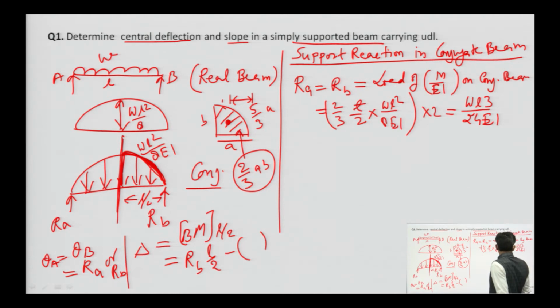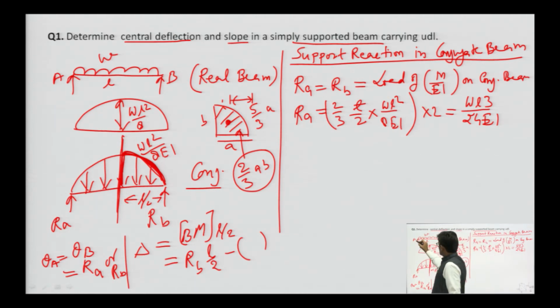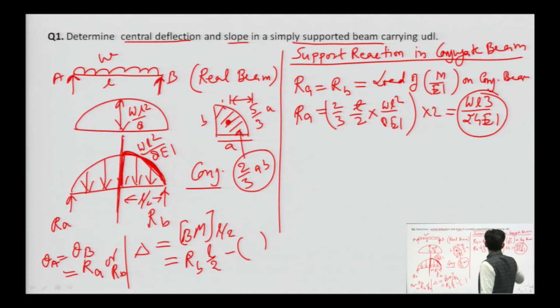So RB we have calculated. So the value of slope at the end will be WL cube by 24 EI.